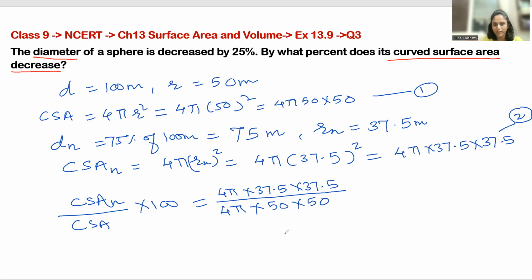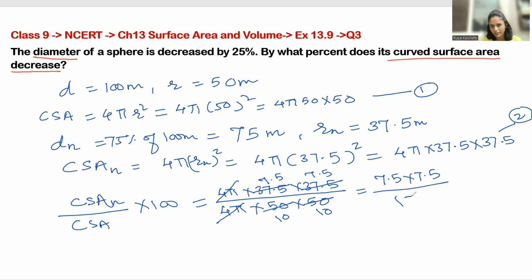We cancel out the common terms. Now let's divide 37.5 and 50 by 5, so it's 7.5 and 10. Similarly here. And now what do we have here? 7.5 times 7.5 over 100.